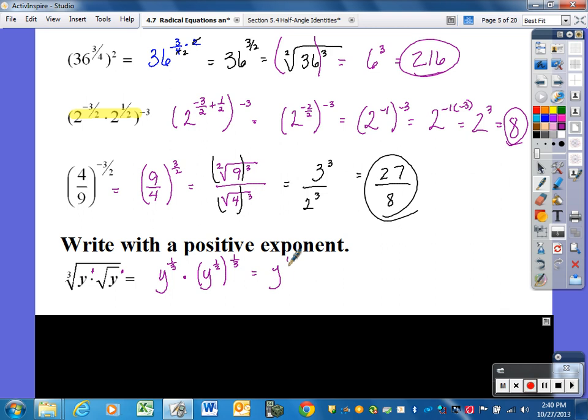So this is y to the 1/3 times y, power to power you multiply. 1 times 1 is 1, 2 times 3 is 6. In order to multiply with the same base, I add the exponents. To add them, I need the same denominator. 3 times 2 is 6, 1 times 2 is 2, so it becomes y to the 3/6, which is y to the 1/2. And it's said to write it as an exponent, not a radical.